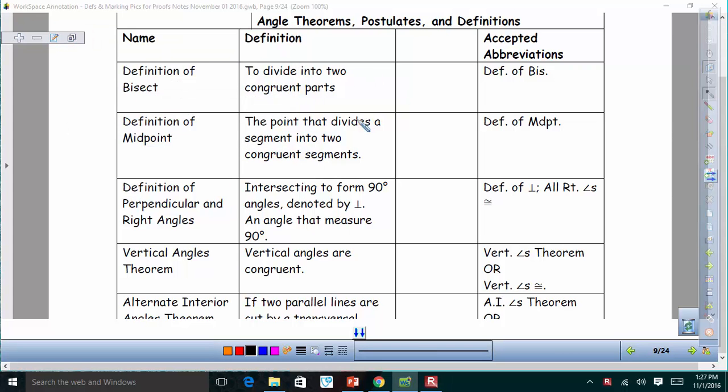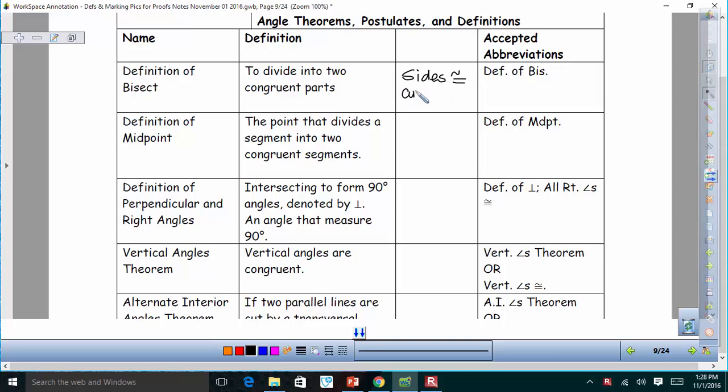Okay, so the first definition we're going to look at today is the definition of bisect. A lot of these definitions we've already learned, but I just wanted to refresh you on them before we started. So the definition of bisect is to divide into two congruent parts. Now, this could be sides, so we could have sides that are congruent, or what else can be bisected?